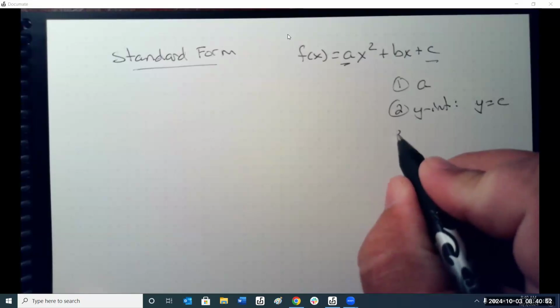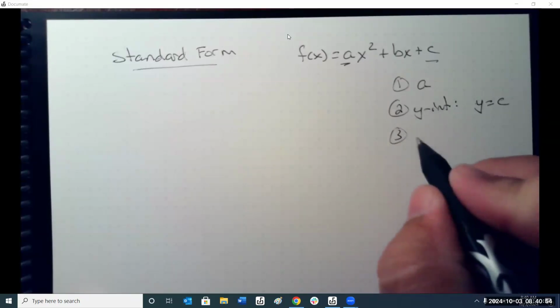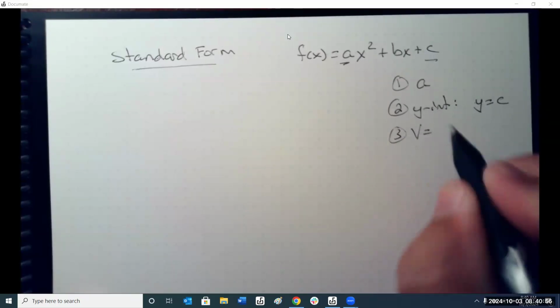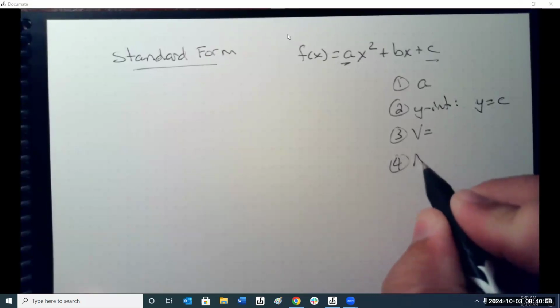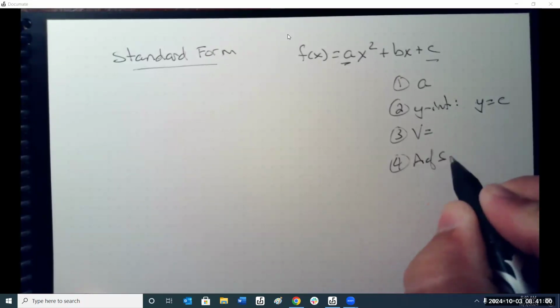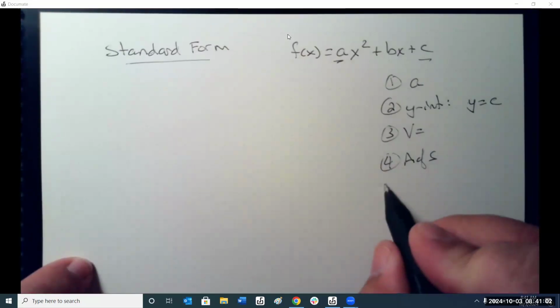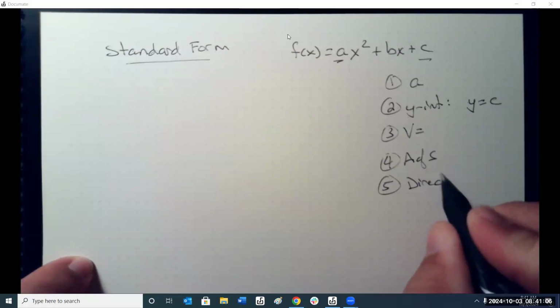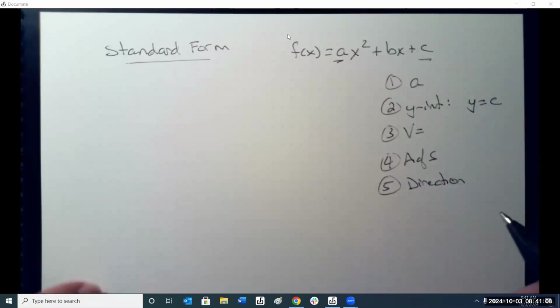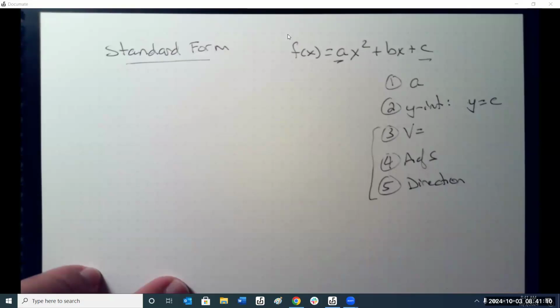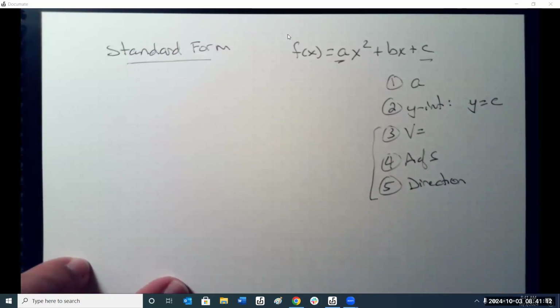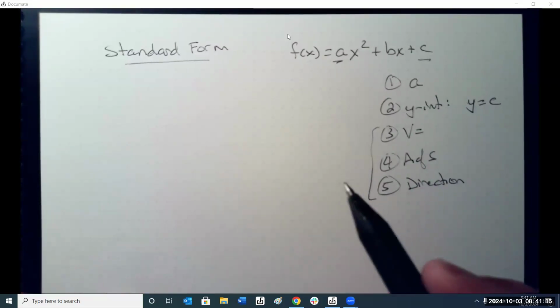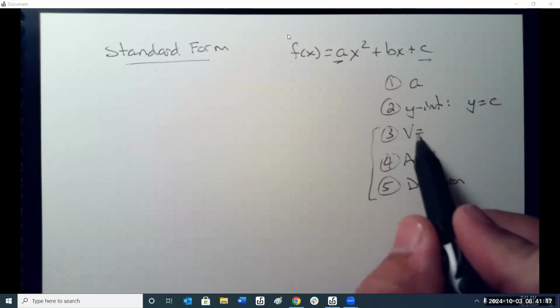But to find the vertex and the axis of symmetry, and then the direction, to find these, we have to use a formula. Actually, we've seen the formula for the vertex.